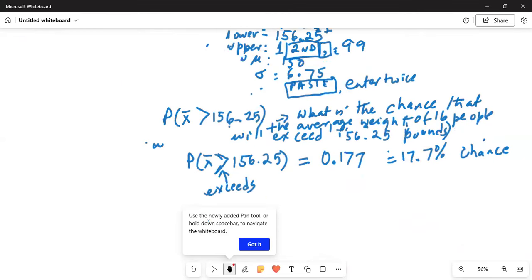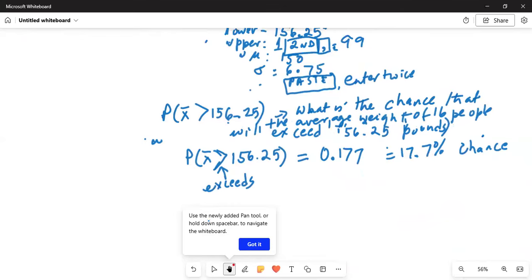And we find that there's a 17.7% chance that the mean weight will exceed the weight limit. What does it mean? If you repeat the experiment 100 times, with 16 people with an average weight of 150 pounds and a standard deviation of 27 pounds put in that elevator, out of 100 times, 18 times or 17.7 times, it will exceed the maximum limit.